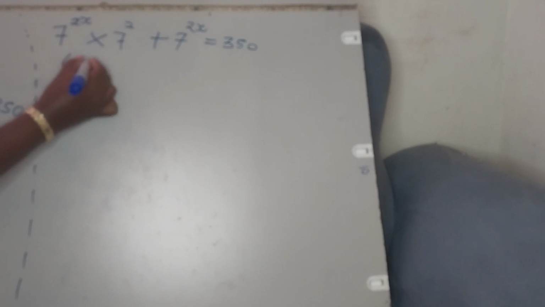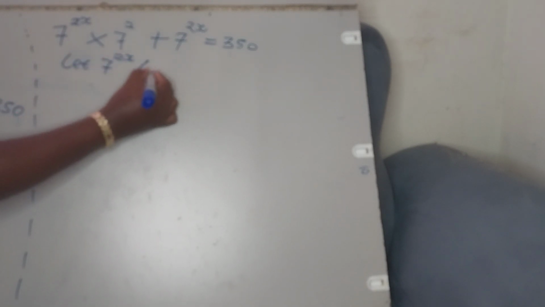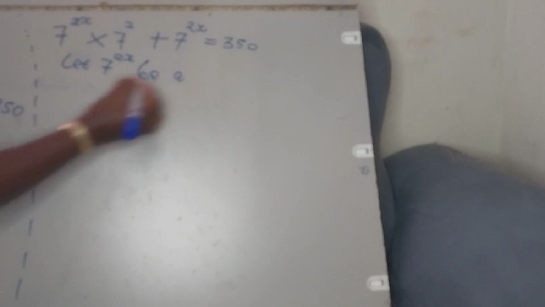Which unknown do we have here? 7 to power 2x. So, what are we going to let? The unknown. Let 7 to power 2x be, for example, A.